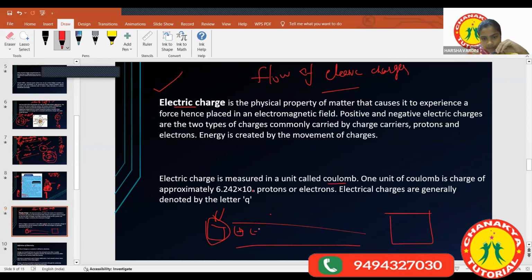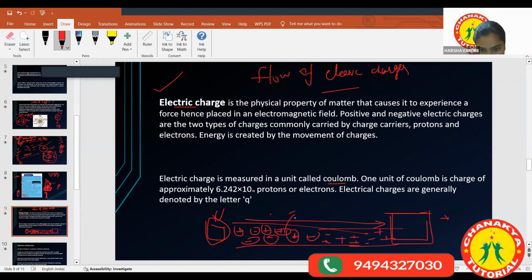Positive, negative, positive, negative. Remember, these are the electricity. They start flowing into the washing machine. Listen everyone carefully. A lot of charges start flowing into the washing machine, and the washing machine gets the electric current and starts running.